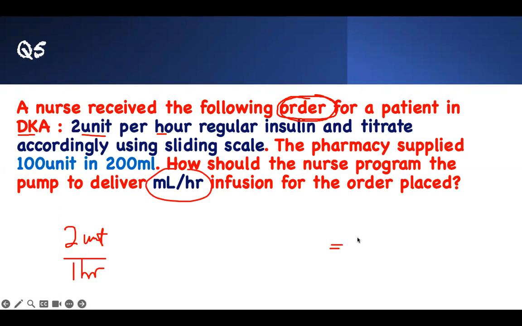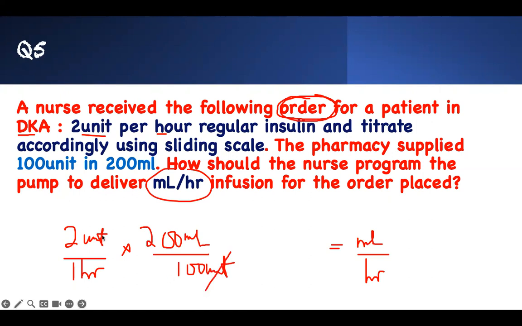So I have to leave it in an hour. I should not convert it into a minute. So the answer choice is per hour. So I leave it. 2 units per hour regular insulin and titrate accordingly using sliding scale. The pharmacy supply available, right? 100 units into 200 ml. I know I should have ml on top, so I'll put 200 ml here. And then we have 100 units.